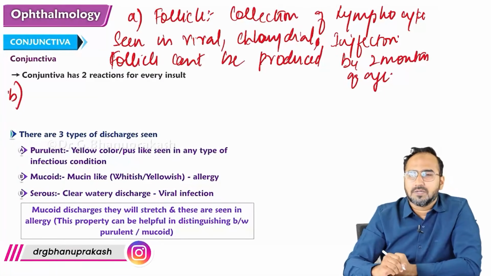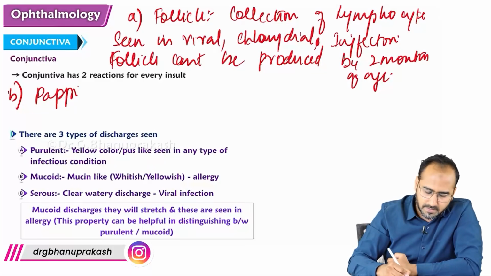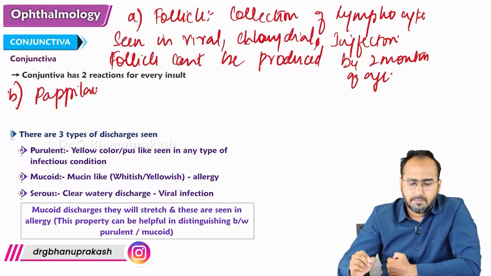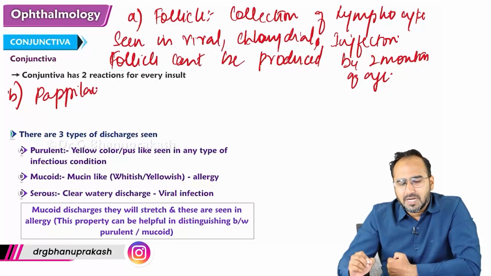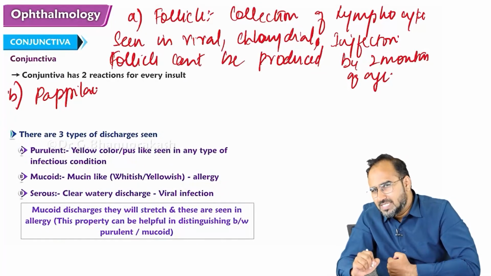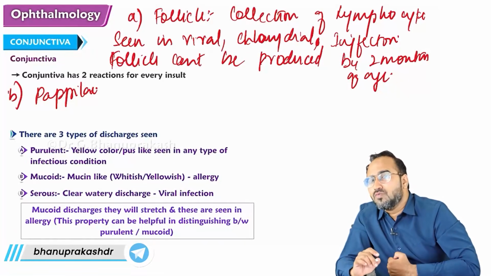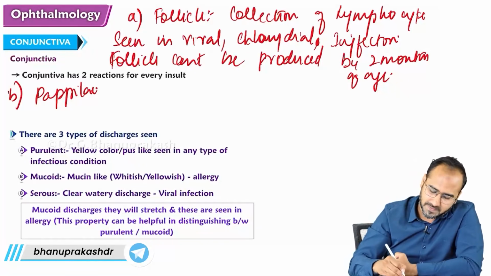So second reaction by the conjunctiva is what? Papillae. Right? Papillae are nothing but what, guys? Papillae are nothing but elevations which are seen on the conjunctiva, which usually occurs as a response to what reaction? Allergic reaction.